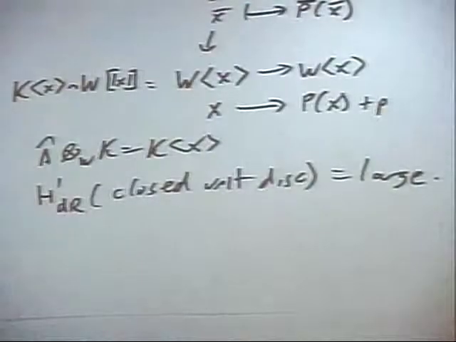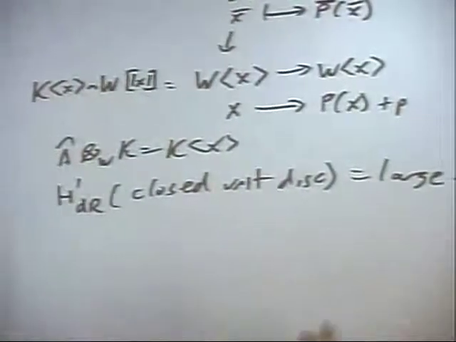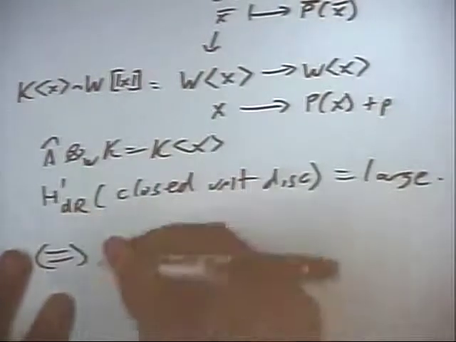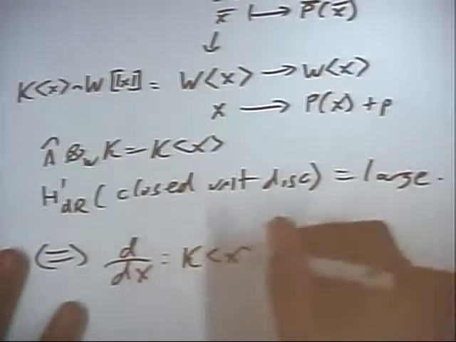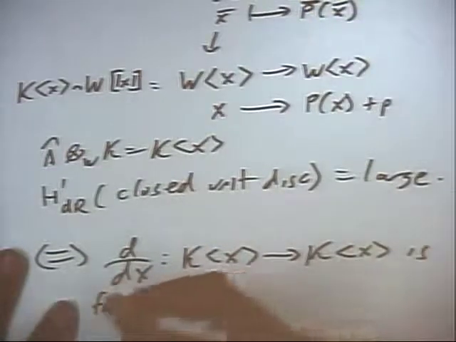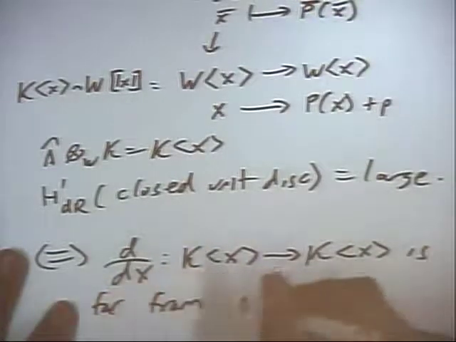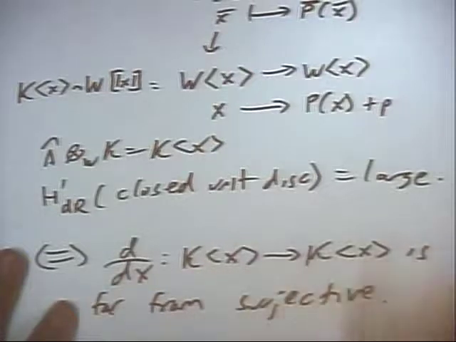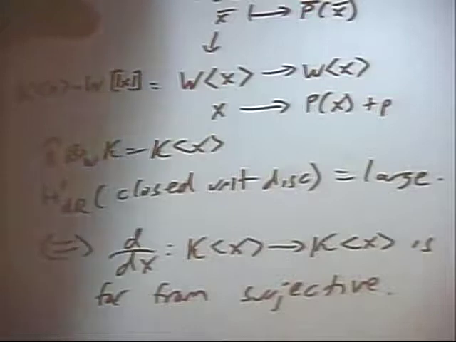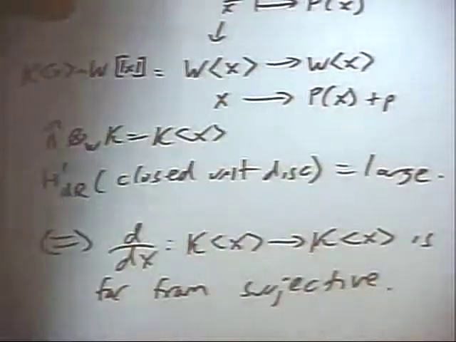In particular, it's not 0, which is maybe what you were hoping. So the reason it's not 0 is, this is equivalent somehow to saying that the map d/dx from k⟨x⟩ to itself is quite far from being surjective. Somehow differentiation behaves nicely in the p-adic world, but integration does not.